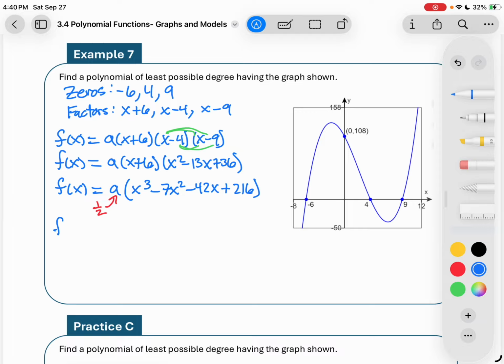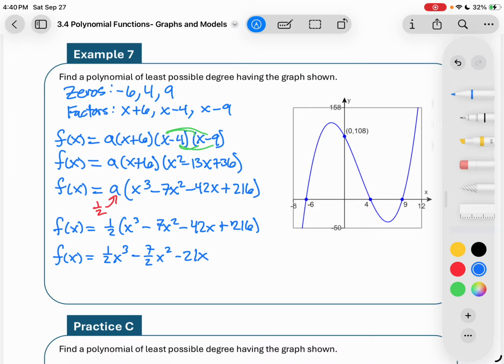So if a is 1/2, then the last thing we'll want to do is distribute the 1/2 through to get it into real standard form. We don't have parentheses when we are in standard form. So our final result will have that 1/2 distributed through, and it gives us that function right there.